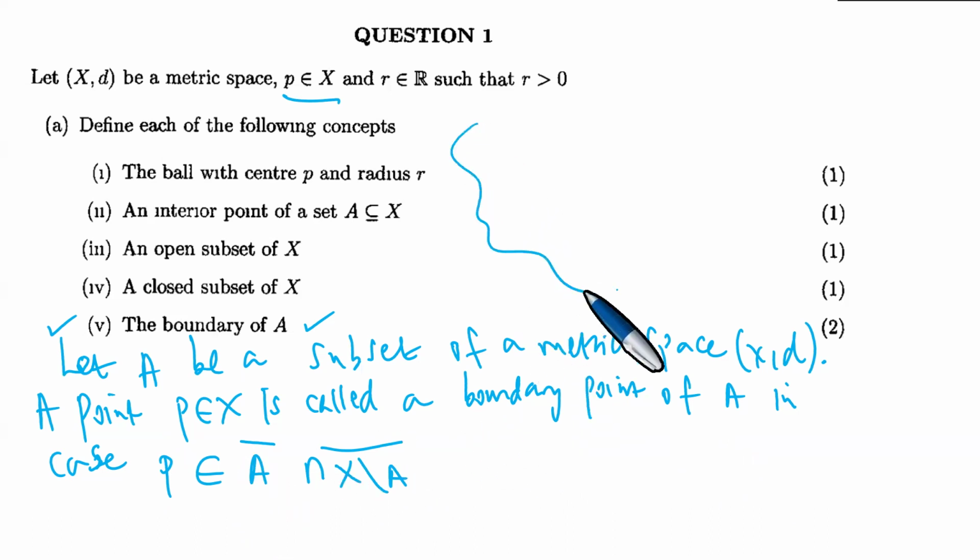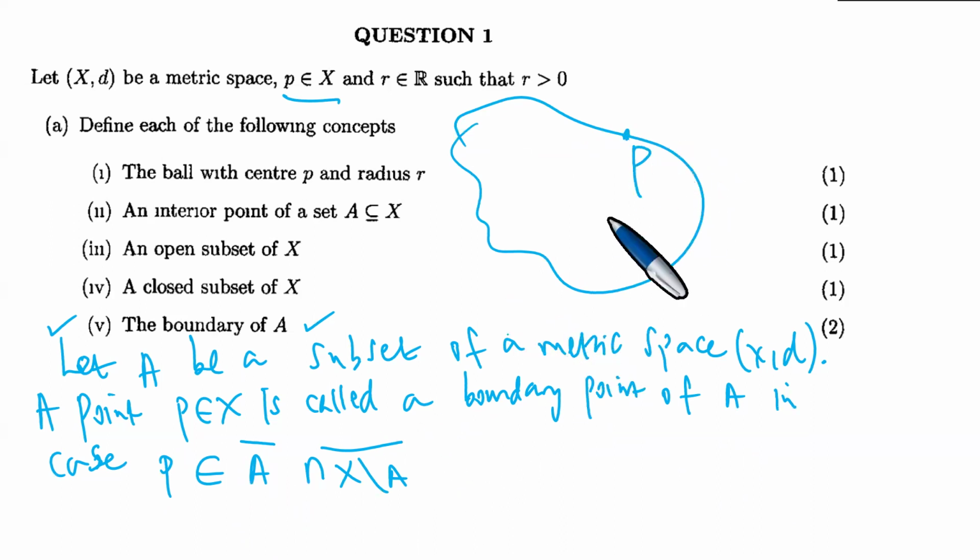Mathematicians look at it this way: if you want to define a boundary point, P is a point in the intersection of the closure of A and the closure of the complement. Not all sets are closed, so some sets do not contain their boundaries.